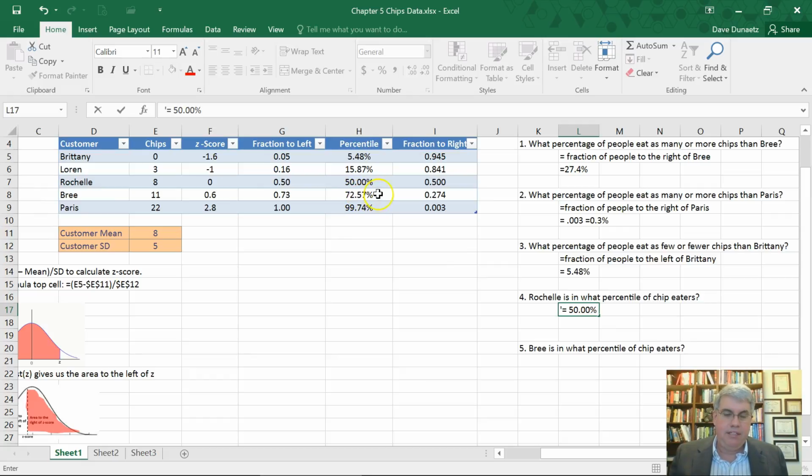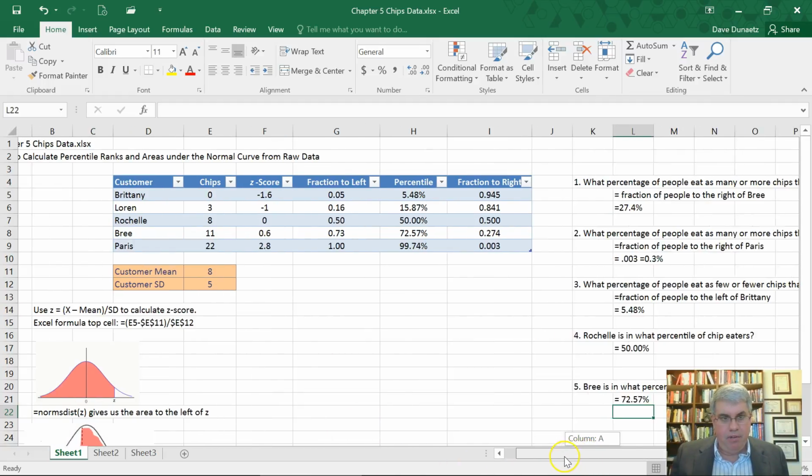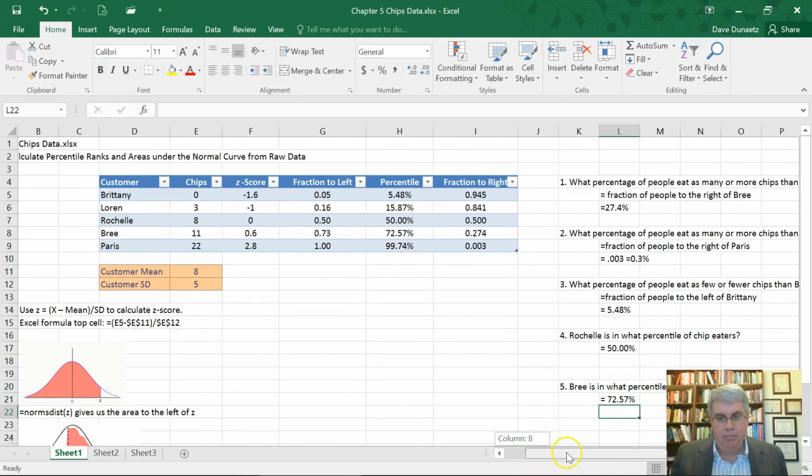We can look there, 72.57%. And so there we have looked at how to calculate percentile ranks and areas underneath the normal curve from raw data and convert some of that information to percentiles.